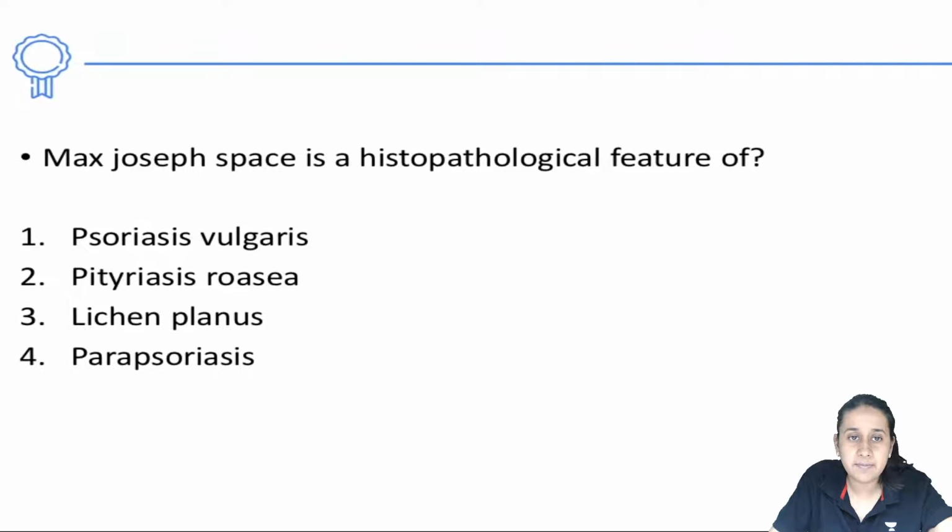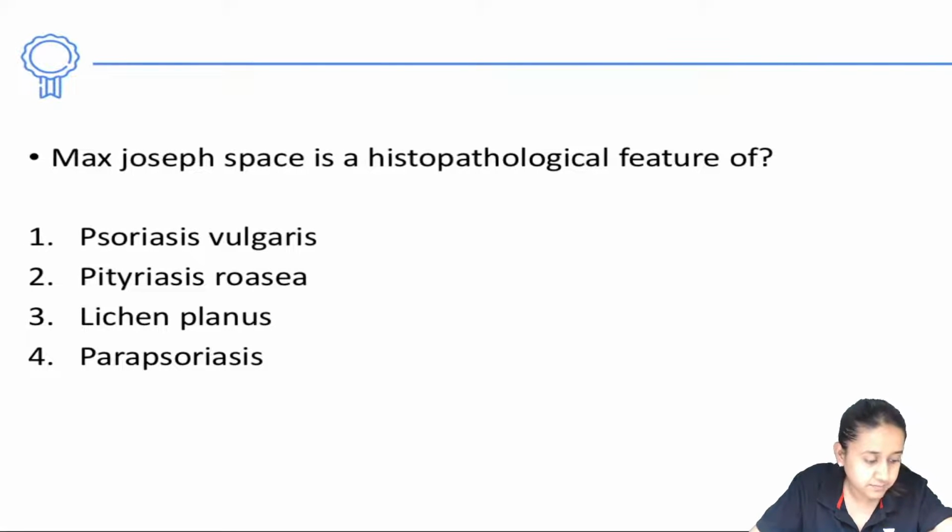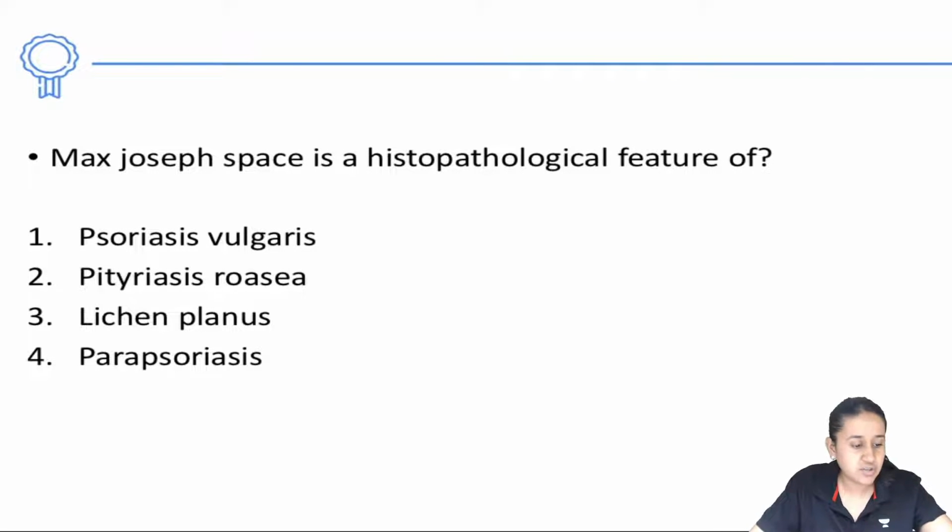In which condition do you see the Max Joseph space? Psoriasis vulgaris, pityriasis rosea, lichen planus, parapsoriasis. Max Joseph space is a histopathological feature of.